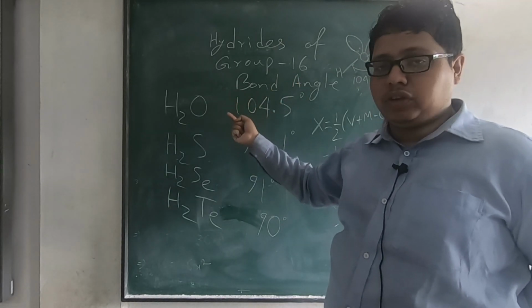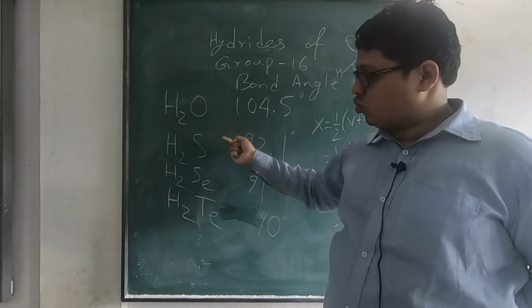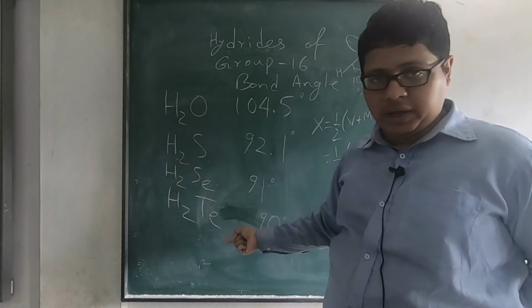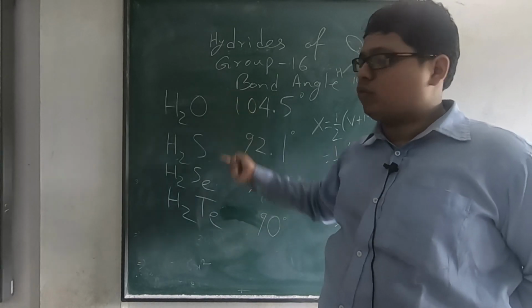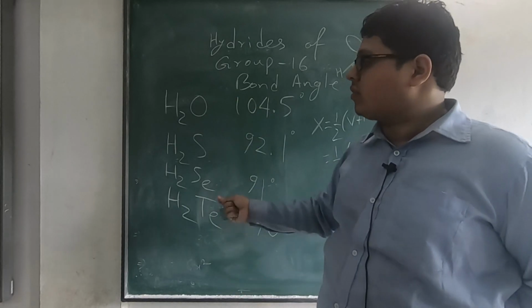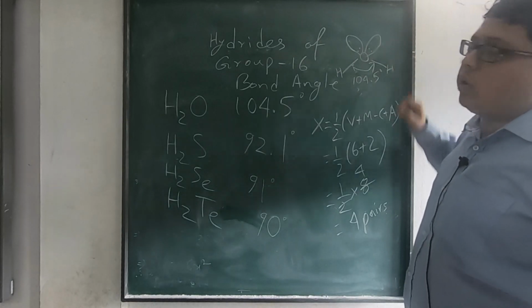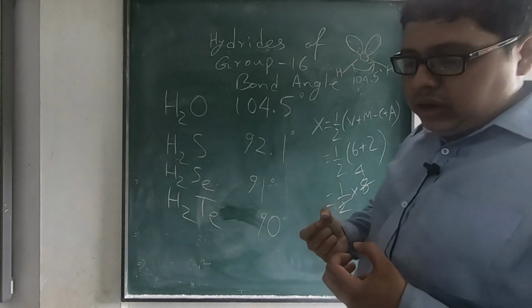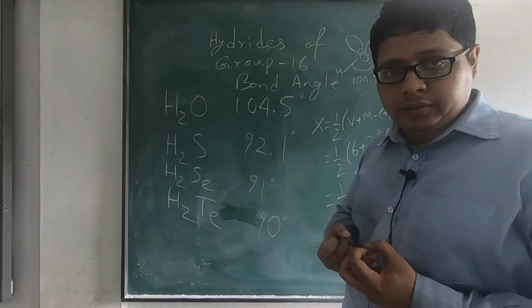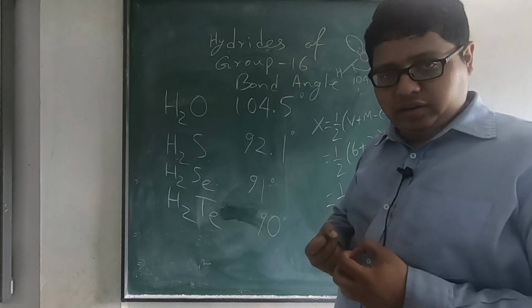The electronegativity decreases from top to bottom, okay? And since oxygen is the most electronegative, the lone pairs in oxygen are held very strongly by the oxygen atom.